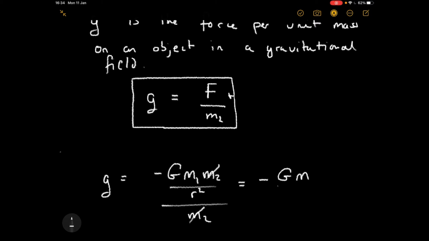They will cancel and we get minus G m1 over r squared. And that is the gravitational field strength when you are a distance r away from an object.